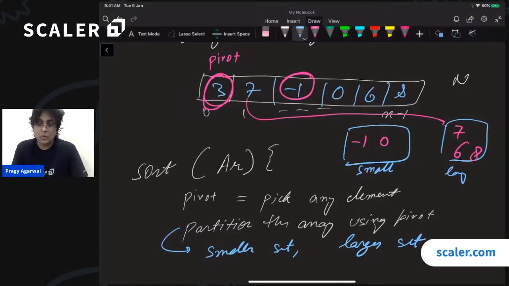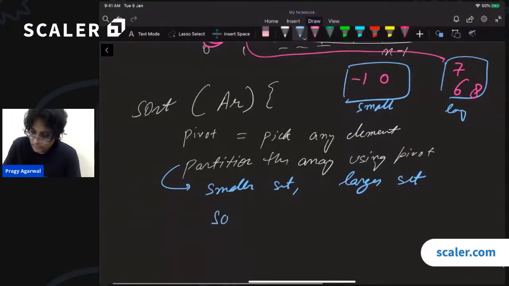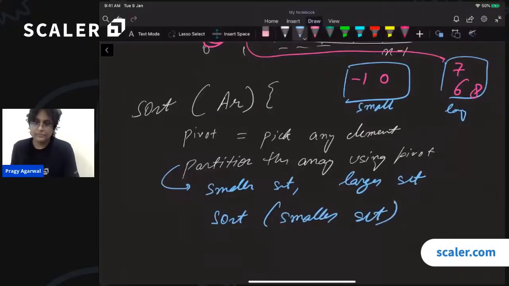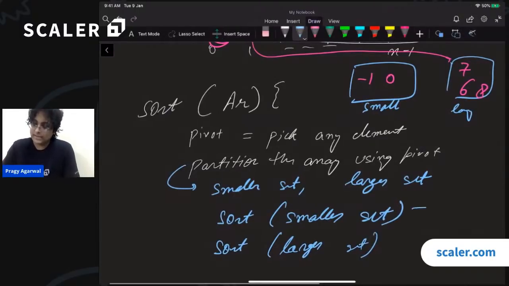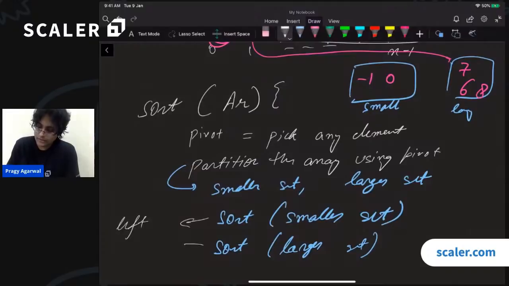Now what can we do? We can sort the smaller set separately, and we can sort the larger set separately. Let us call this left and let us call this right.